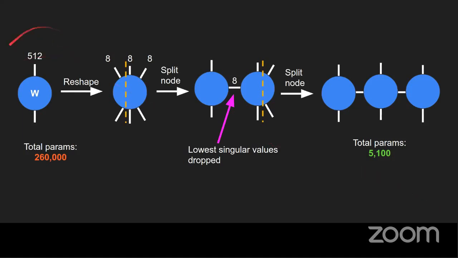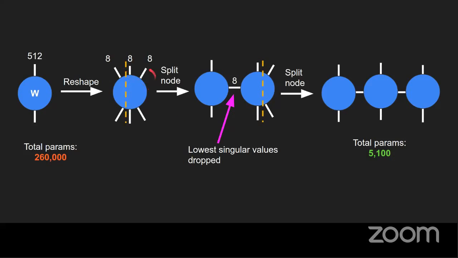The first thing we do is take our weight matrix and reshape it. We take this 512 leg and turn it into 3 legs of 8 by 8 by 8, and we do the same thing for this one. So we turn this 1 leg into 3 legs. We do a node split, splitting right here, putting these 2 legs on this side and these 4 legs on this other side. And we only keep some of the singular values.